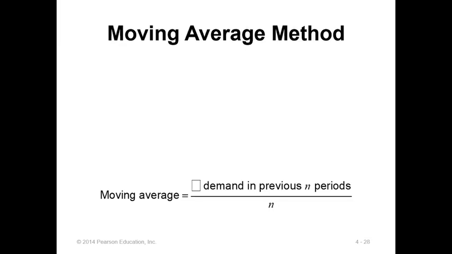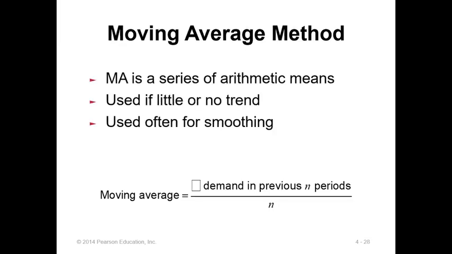It will be only a good starting point for other methods, as we will see later on. Now, the second method, which is also easy to apply, which is the moving averages method. If I want to, for example, forecast my demand for next month, then I will depend on the historical data of previous months. That's why we say that moving averages is a series of arithmetic means.